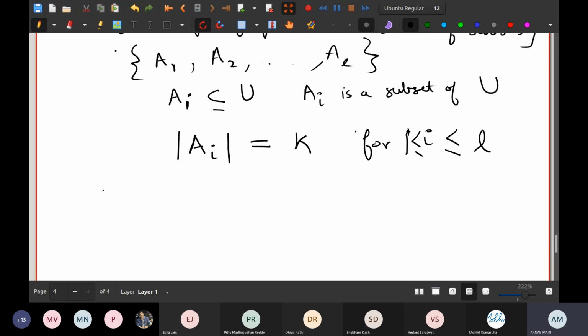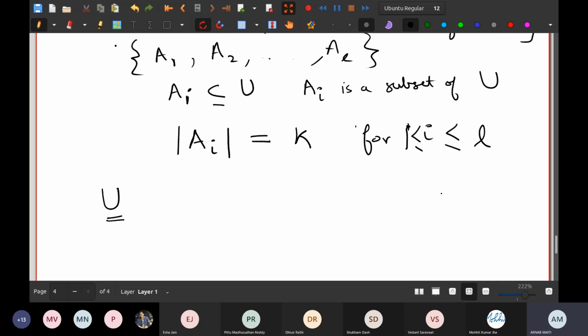So the problem statement which we are trying to prove is, okay, so before that, let me tell you something. So what we can do, we have this universal set. Okay, so this is the universal set, which is a finite collection of elements.